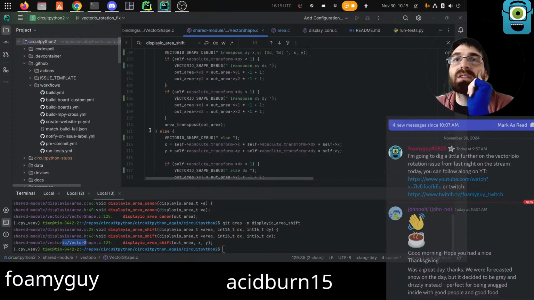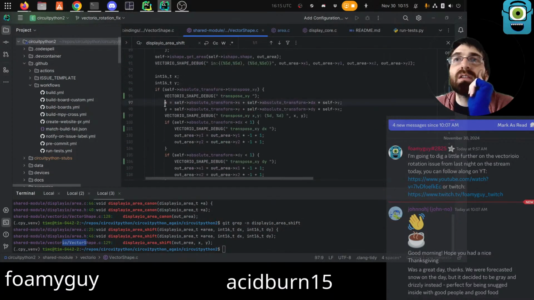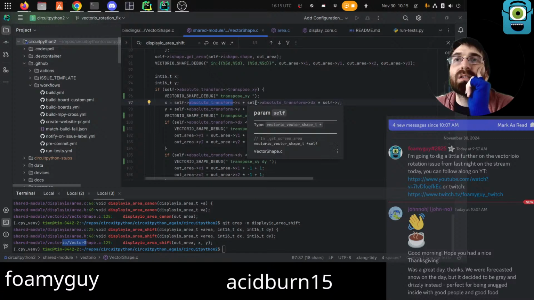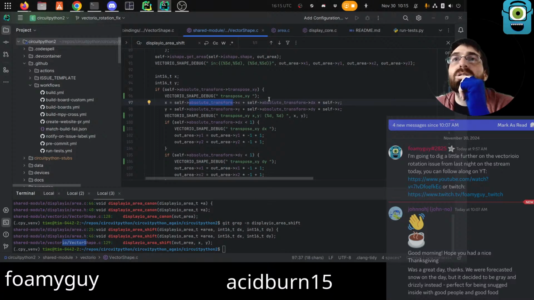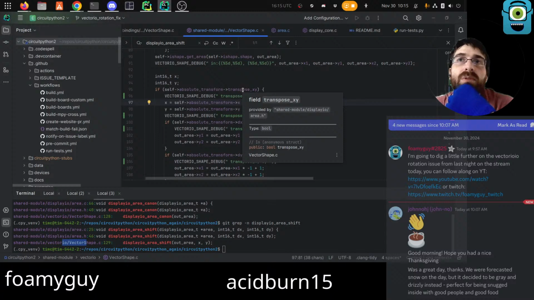So this x is too big, and this gets set here by taking the absolute transform x, the absolute transform dx, well, absolute transform dx times the y coordinate plus the x coordinate, because we transposed.